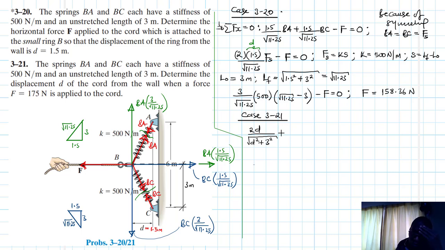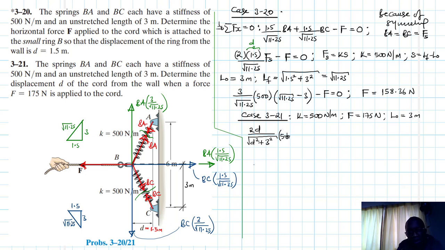Then Fs has a k, which is 500 even in this case. Let's write down. So we know that our k here is 500 Newton per meter for the second case, and F is just equal to 175 newtons, and of course L original is 3 meters.